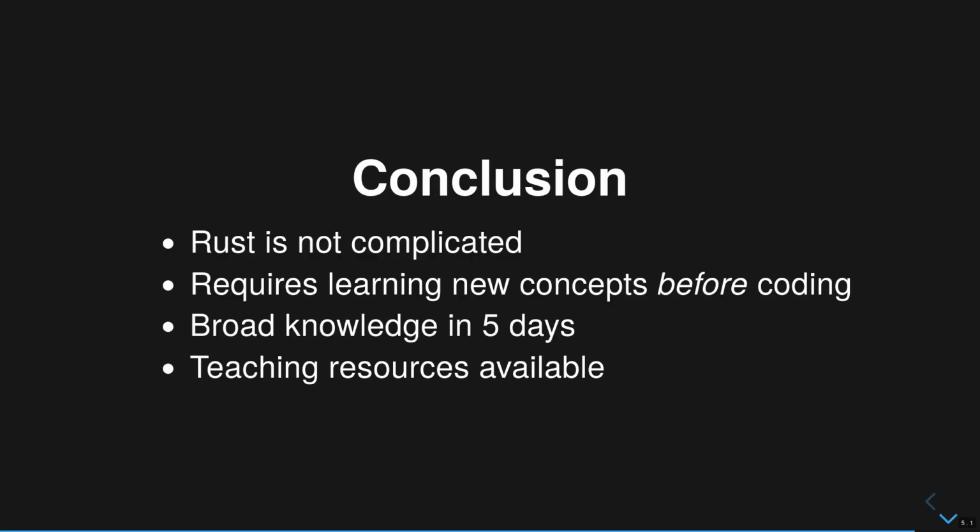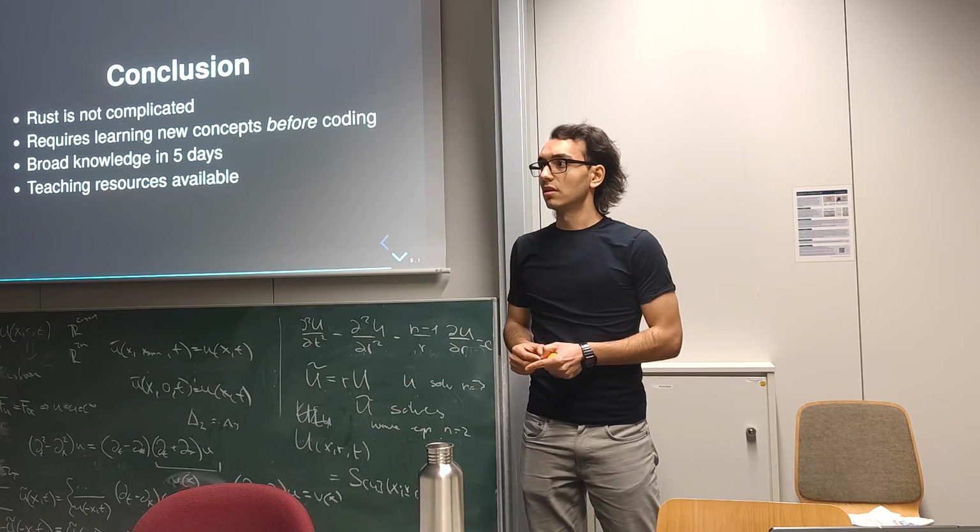If students are able to learn Rust in 5 days, and some of them only have some experience with Python, then I would say that Rust is definitely not complicated. And it doesn't mean that Rust is easy, but it basically requires people to learn about new concepts before getting into code. Because some people, I've also seen that when doing Advent of Code, for example.